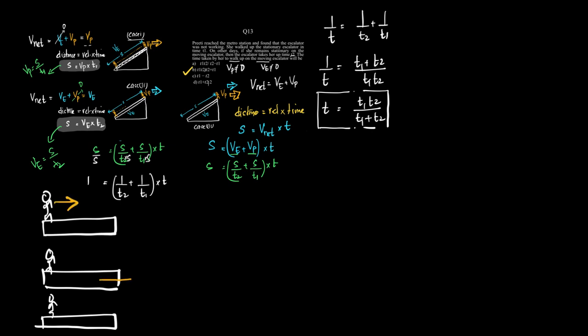Second case, only the escalator moves. And in the third case, both the person as well as the escalator move. For reference, let us take the velocity of the person to be 5 meters per second and the velocity of the escalator to be 2 meters per second. And let the length of the escalator be 10 meters, right?